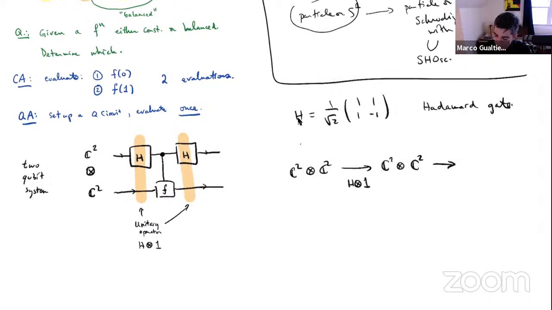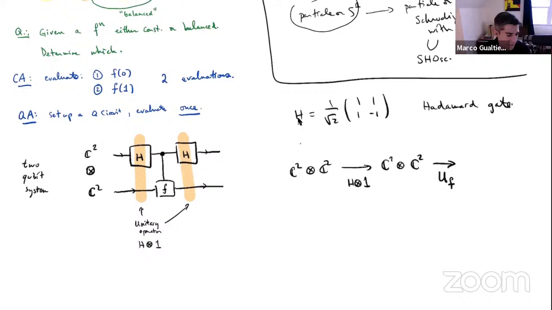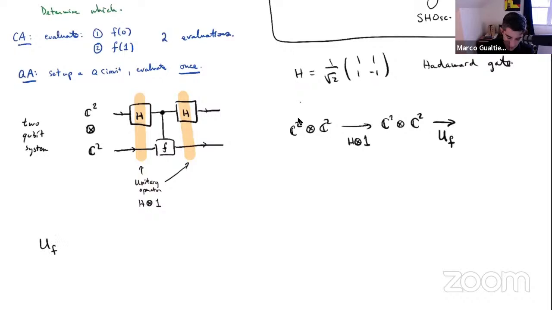Then we have this unitary operator UF, which I described before. So this UF, remember how it works. It's just a unitary lifting or a unitary embellishment or promotion of the original function, but it's done in a controlled way. So if I have x, y, I'm going to write it the way physicists do, and then I'll explain. This goes to x, y plus f of x.